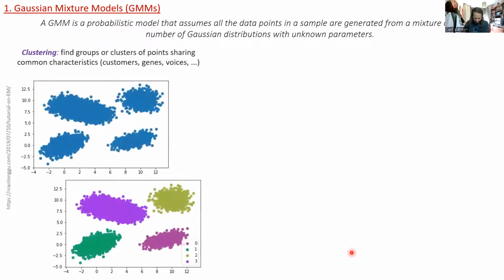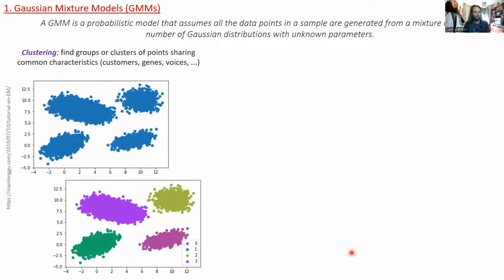Strictly speaking, a Gaussian mixture model is a probabilistic model that assumes that all data points in a sample are generated from a mixture of a finite number of Gaussian distributions with unknown parameters. I know this is confusing, but let's see some examples. A typical machine learning task is clustering, which consists in finding groups or clusters of points sharing a common characteristic.